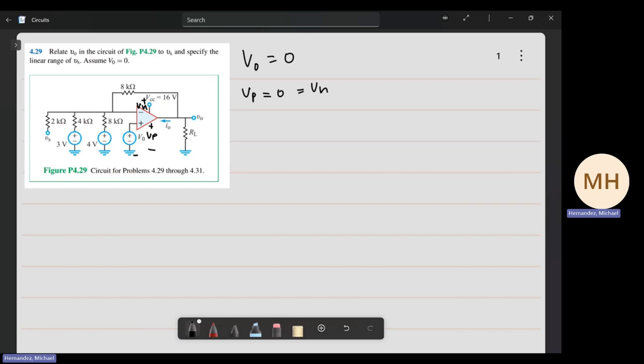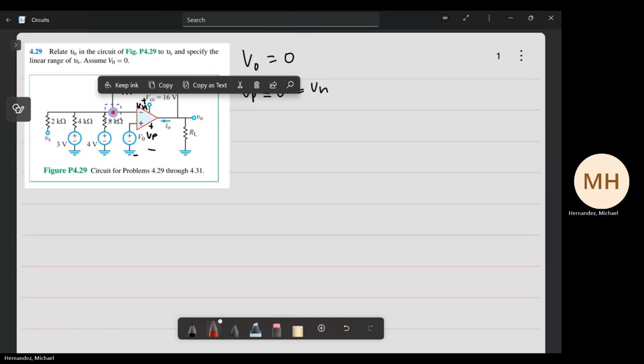We can also say that this circuit is a summing op amp circuit, and the summing point is right here. So we can use all these voltages and resistors to sum them in a singular one and be able to solve this efficiently. All right. And so we have to specify a linear range.